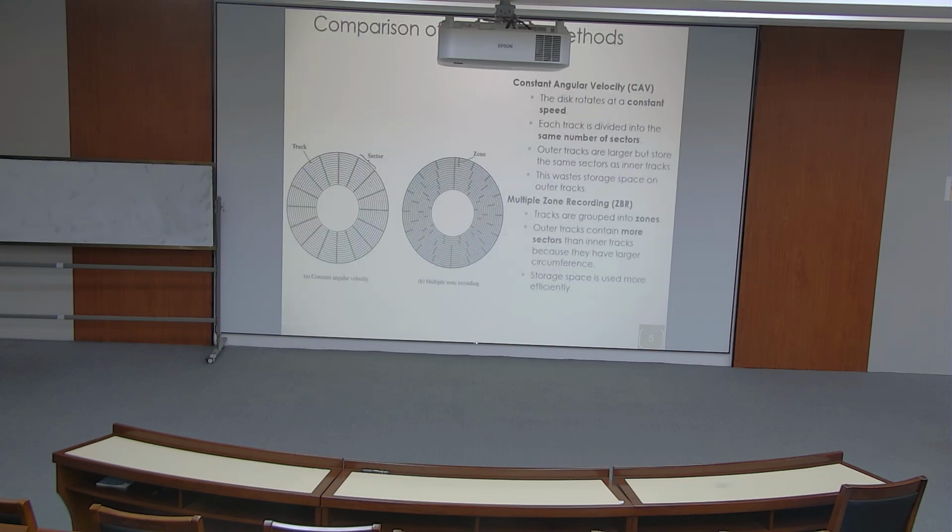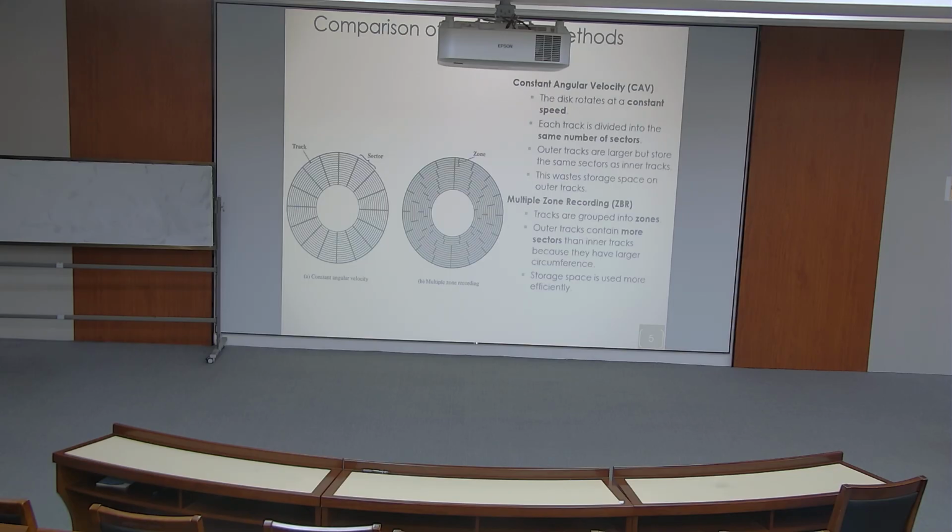We discussed these two disk layout methods. We discussed the constant angular velocity, in which the disk has to rotate at a constant speed. The track is divided into a number of sectors.